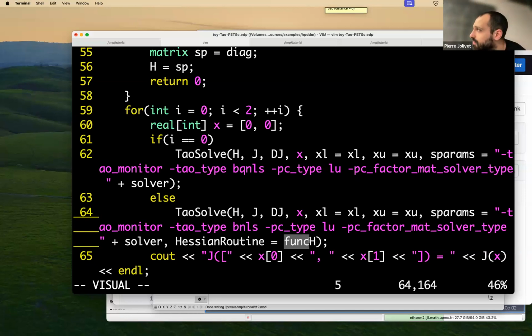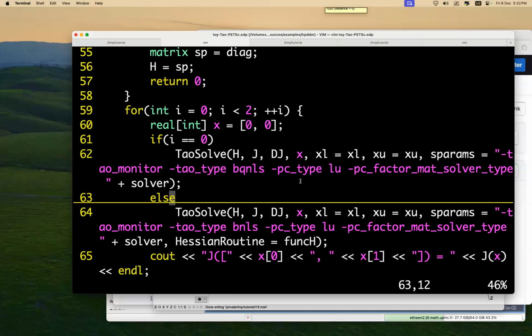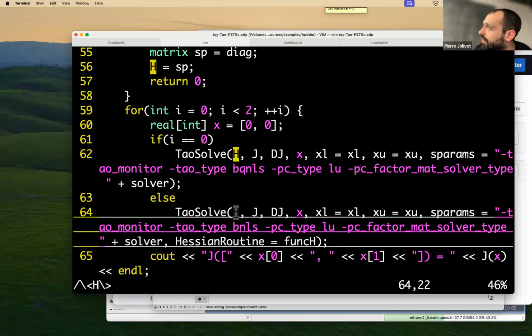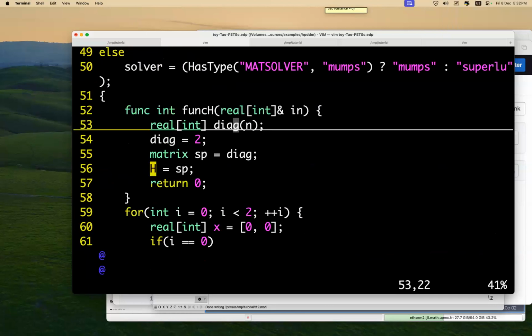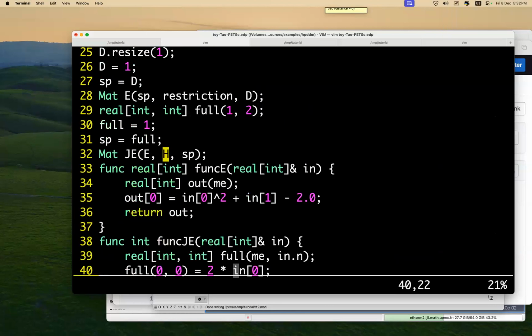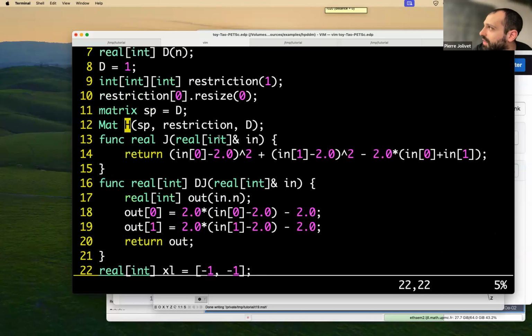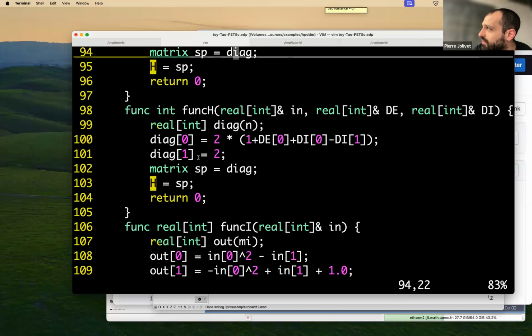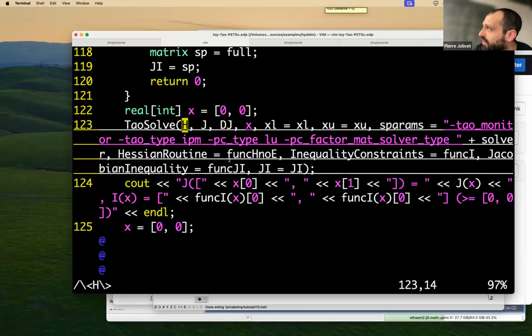The matrix H in this call to Tau solve is not used to define the Hessian. It's just used to define the distribution of the data. But in practice, you can call Tau solve without supplying the Hessian of the function.